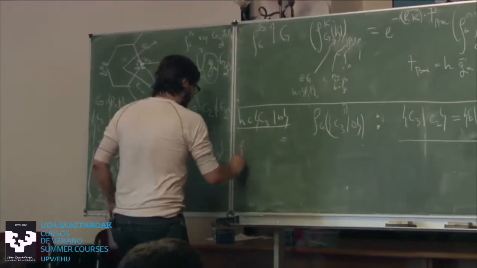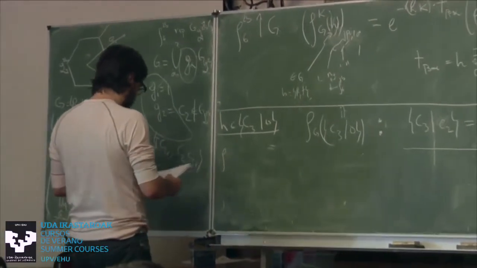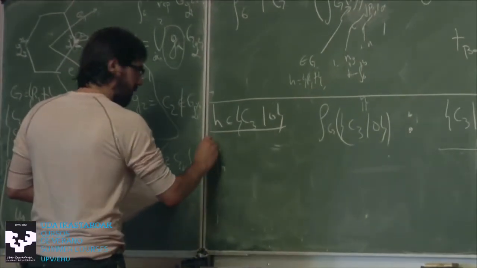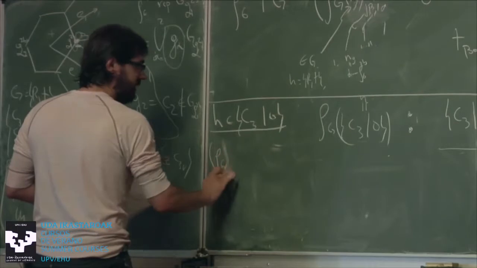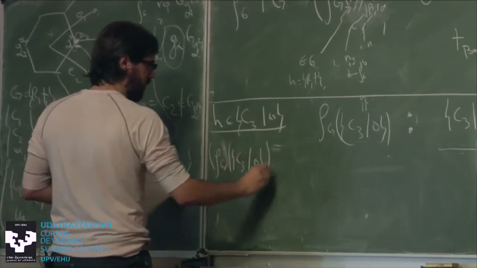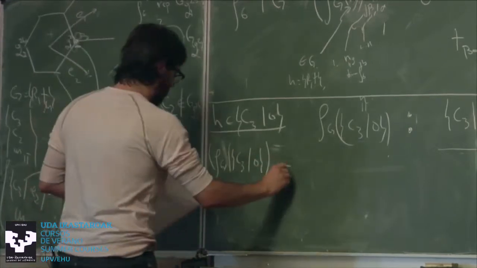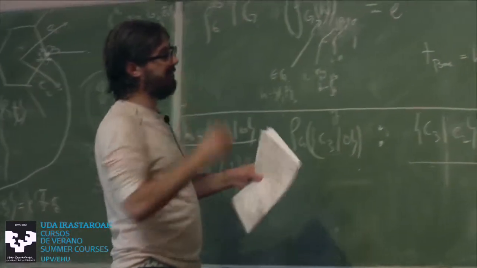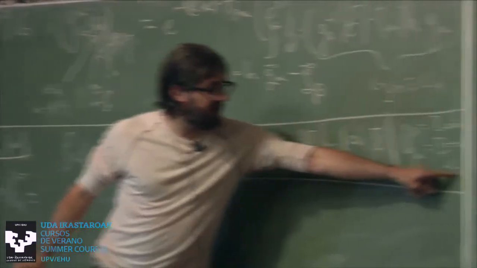So let's find it, rho G of C3, 0, 1, 1 is equal to the phase. You see T beta alpha is minus E2.